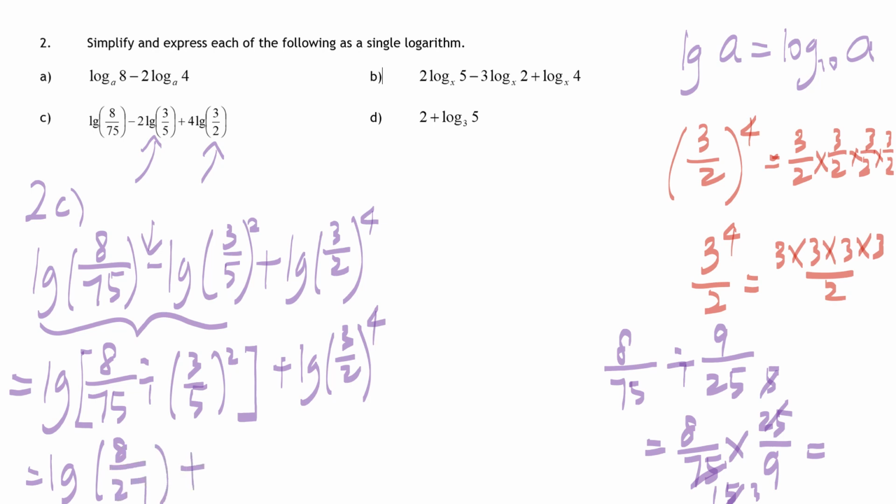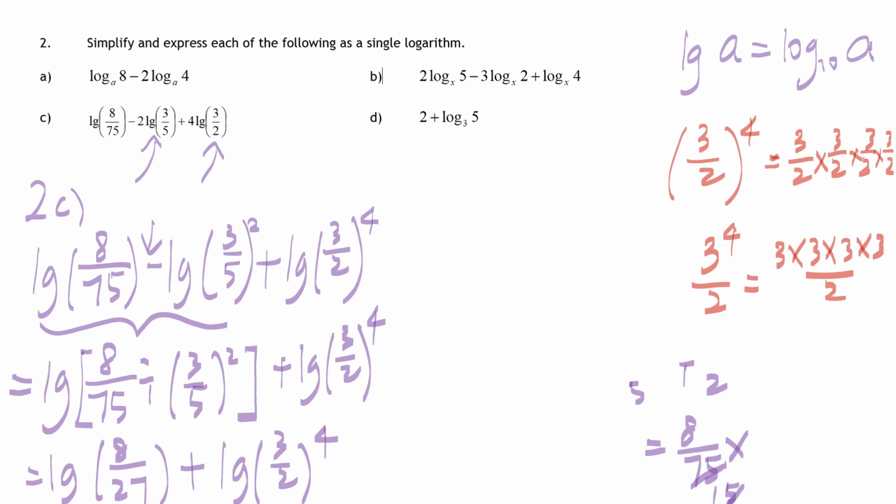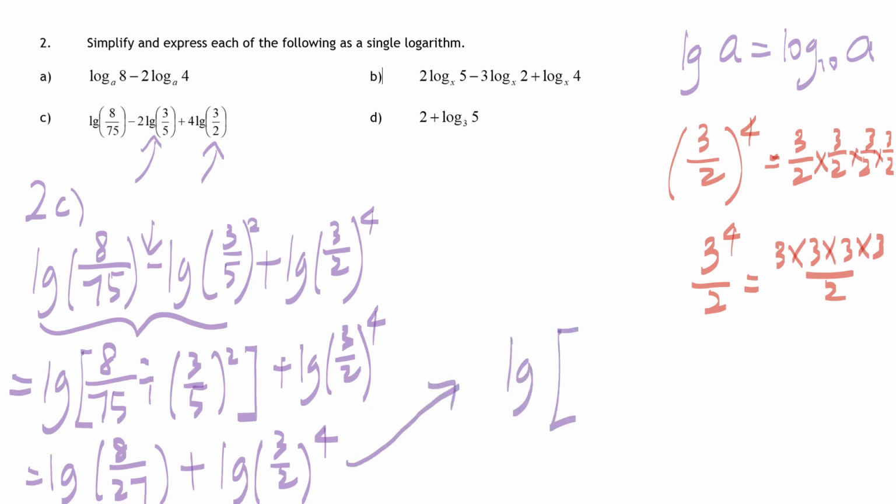Alright, this one here, we can apply the product law. So I'm going to erase this part here. The product law here will give you log, then 8 over 25 times bracket 3 over 2 to the power 4.